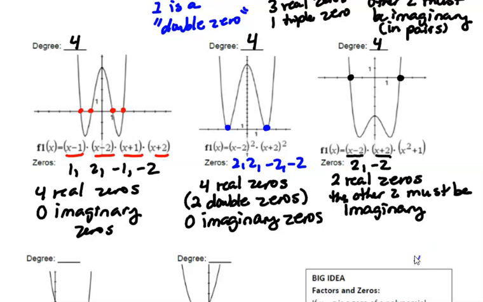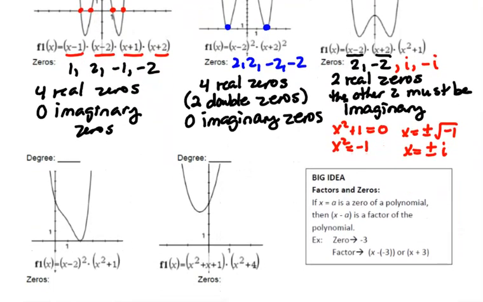If we take x squared plus 1 equals 0 to solve for the other values of x that would make our output equal 0, x squared equals negative 1, x equals plus or minus the square root of negative 1, so x equals plus or minus i. So i and negative i are my other two zeros, my two imaginary ones.